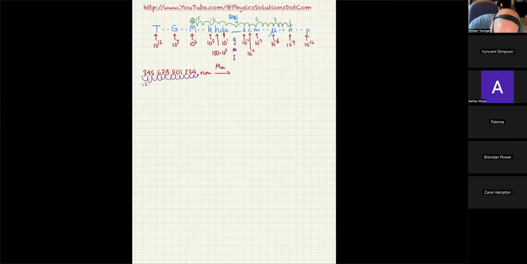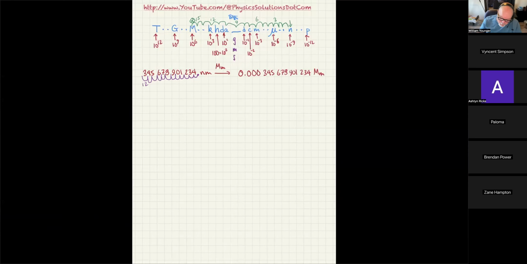So I'm going to write 0.123 and then 3, 4, 5, 6, 7, 8, 901,234 megameters. So that's how you could actually convert it just using this little system that I just made up, okay, or that I just showed you guys.